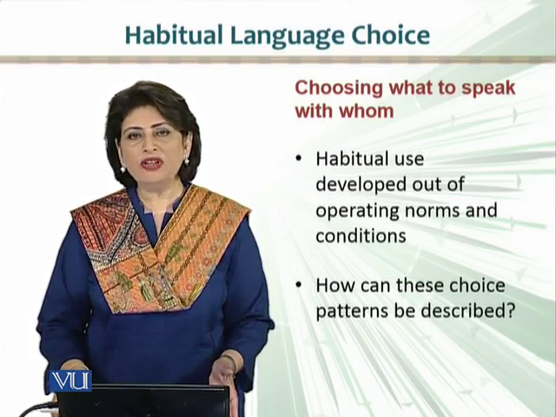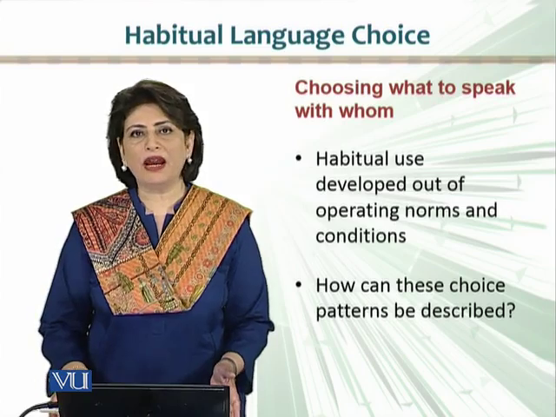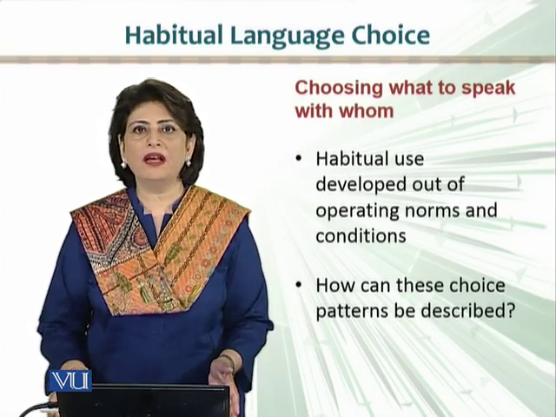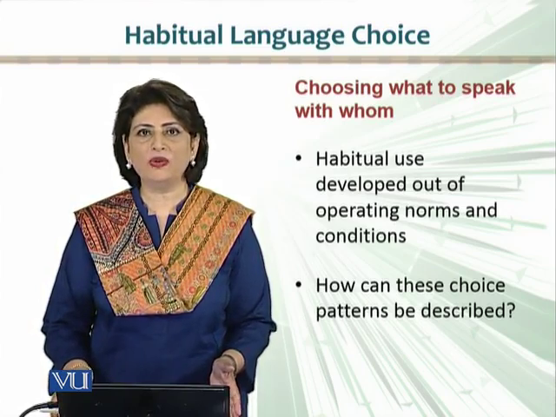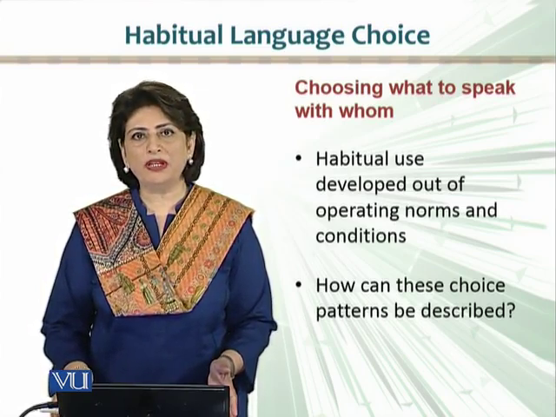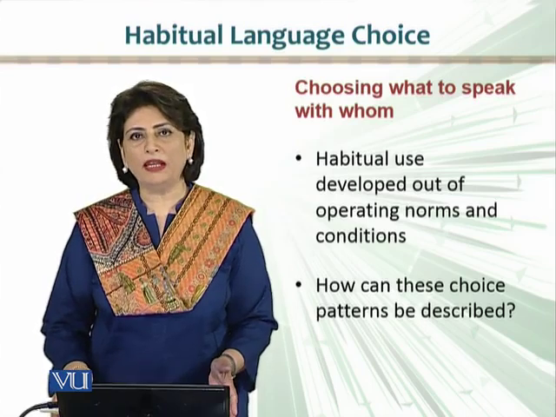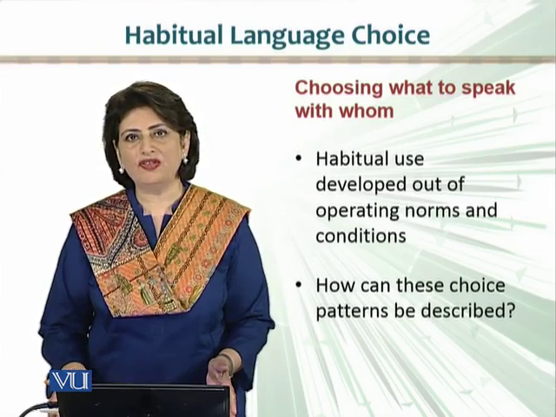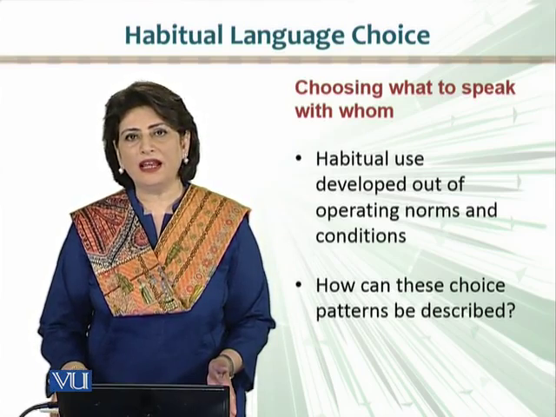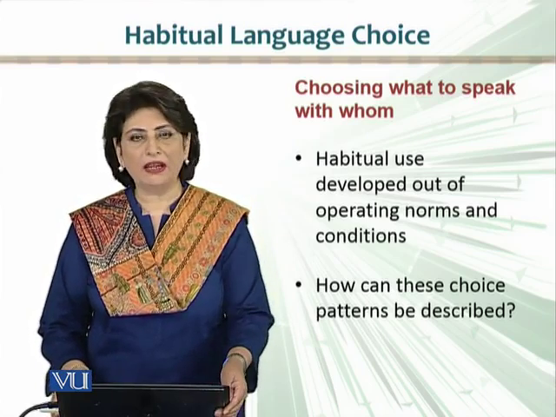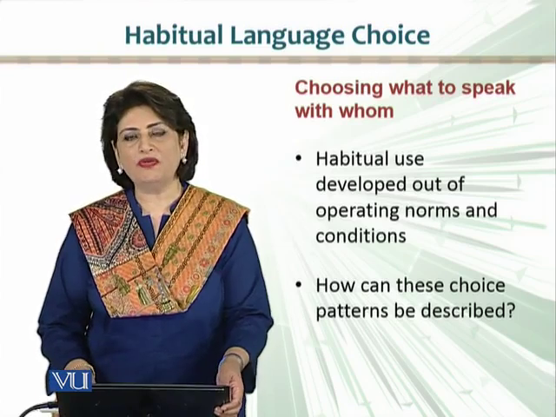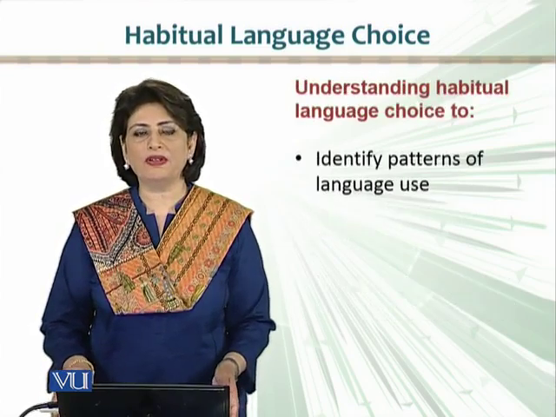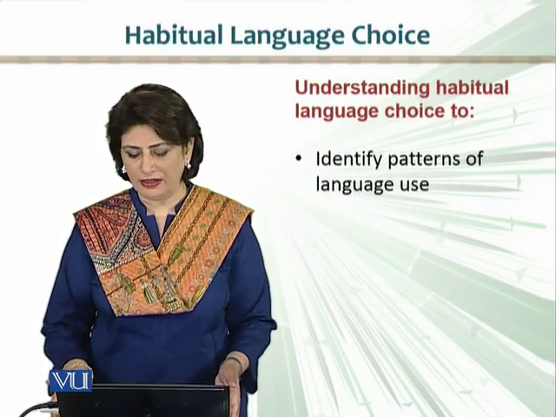So the question is, how can we describe these habitual choices? How can we possibly make sense of them and try to predict the form of bilingualism that is either changing, indicating language shift, or indicating language maintenance, and in which domains, for instance, certain languages are more dominant than the others?